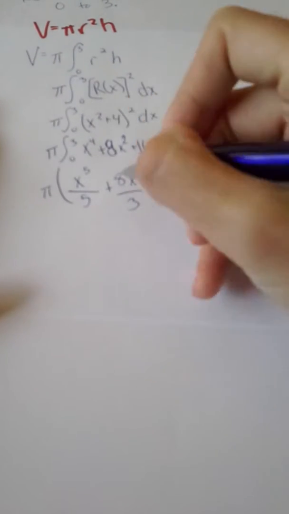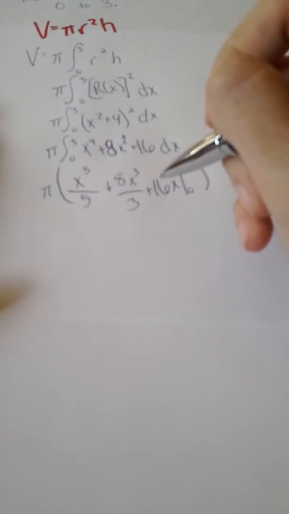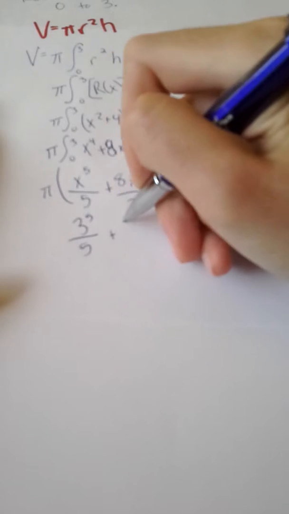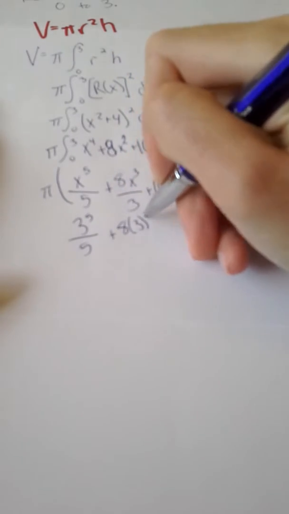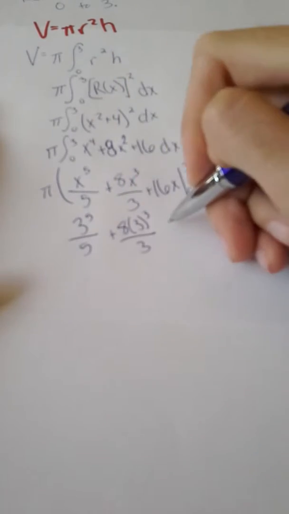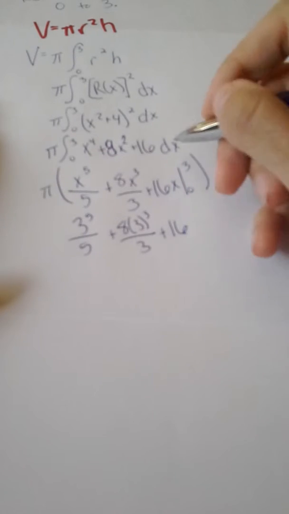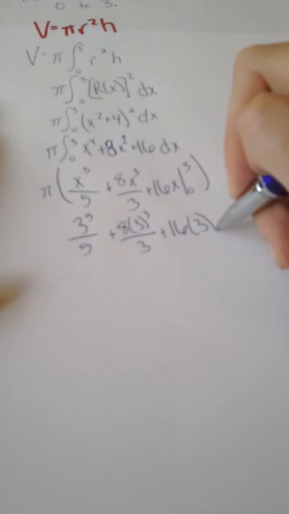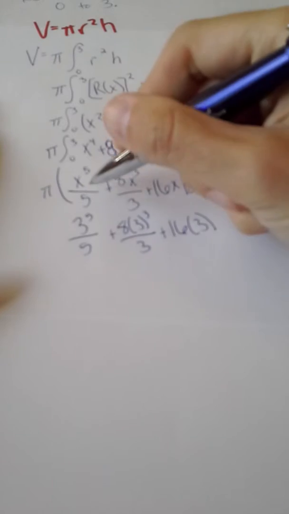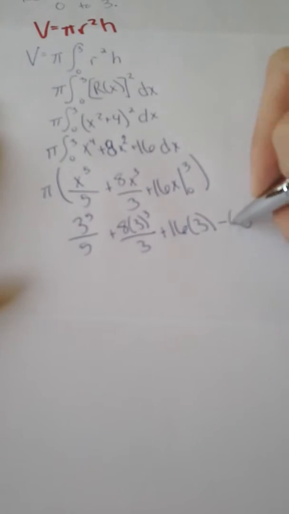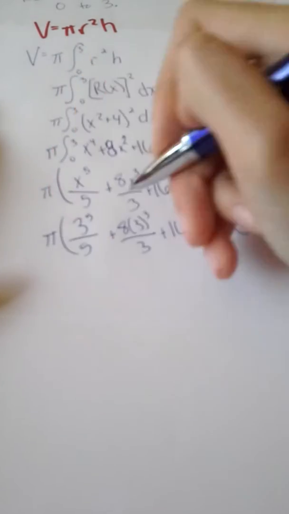Plug in 3, and then subtract off 0. So we get 3 to the 5th over 5, plus 8 times 3 to the 3rd over 3, plus 16 times 3. When we plug in 0, each of these terms goes away, so we're only subtracting off 0, which won't change it.